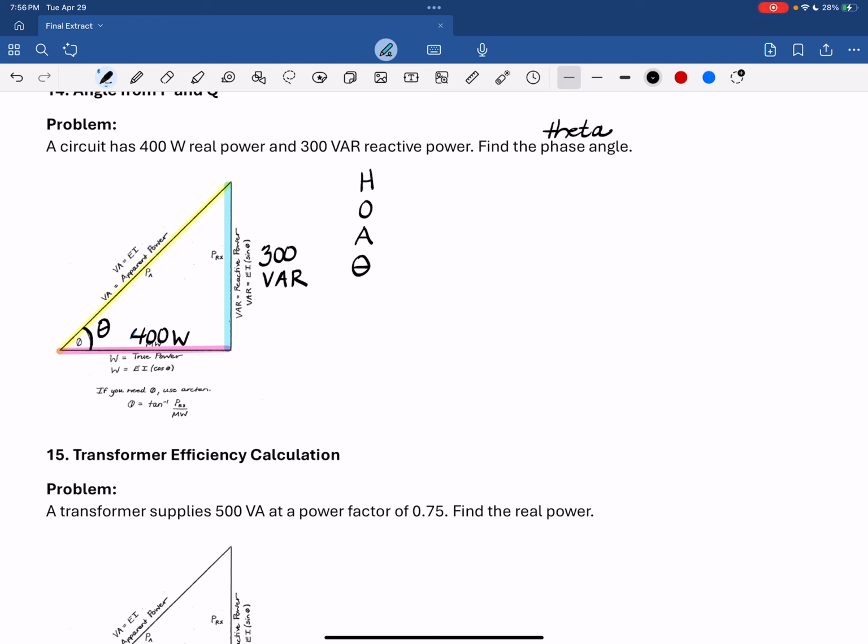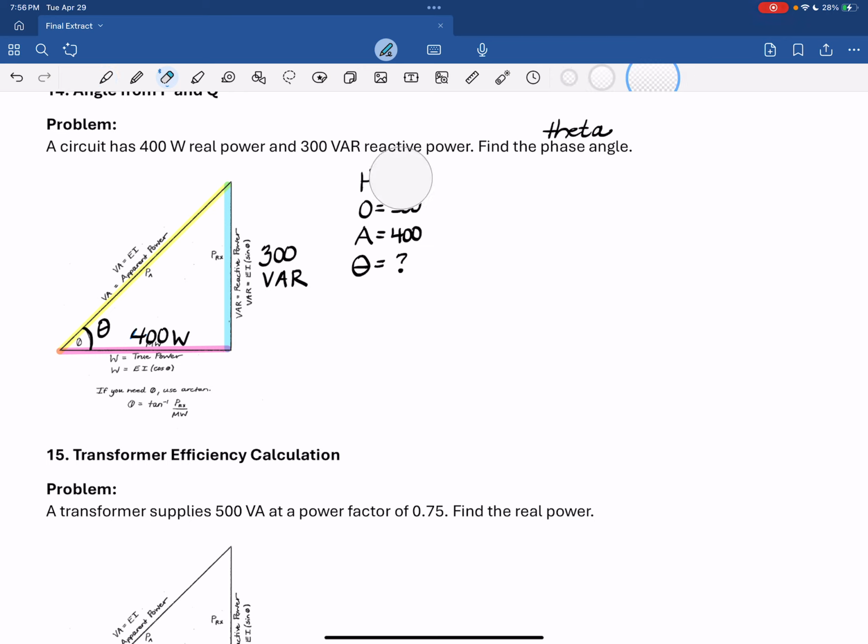We don't know hypotenuse. We don't want to know hypotenuse. I can tell you that it's VA. Opposite is 300. Adjacent is 400. And we don't know theta.